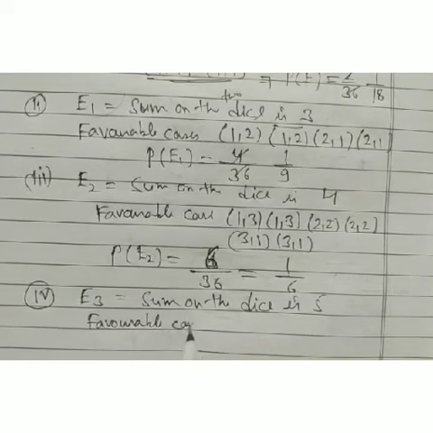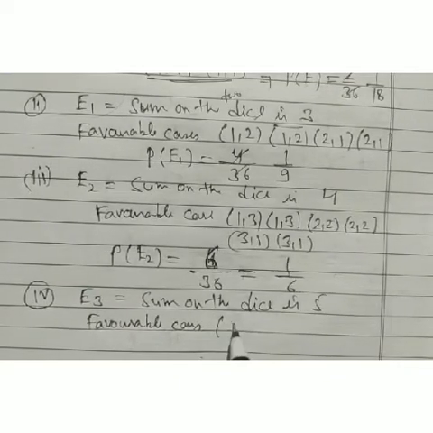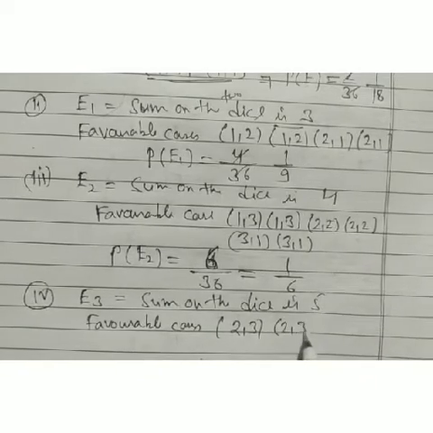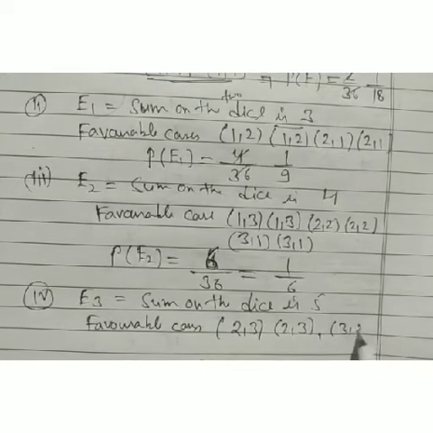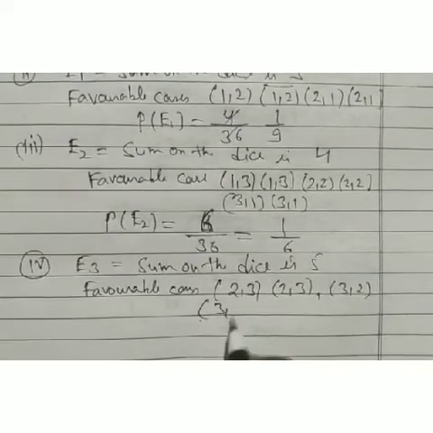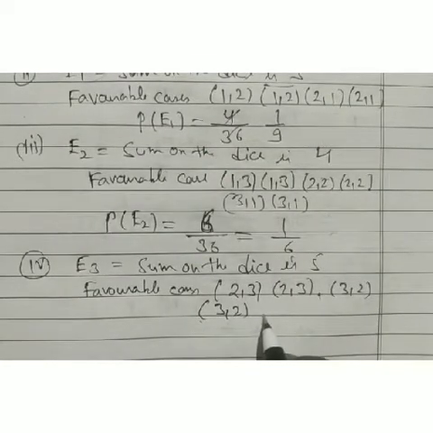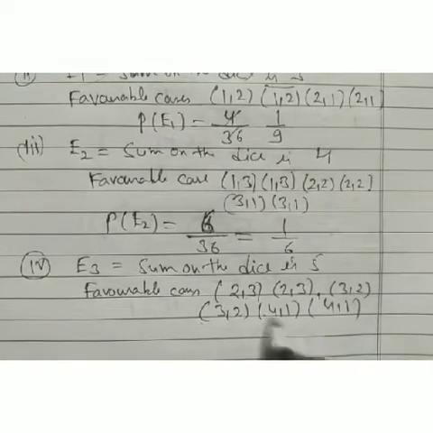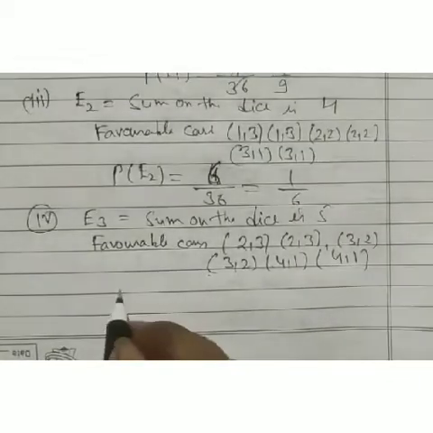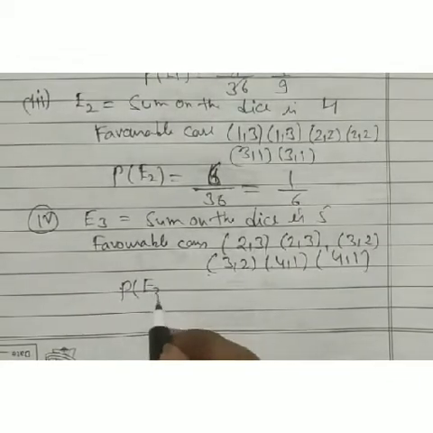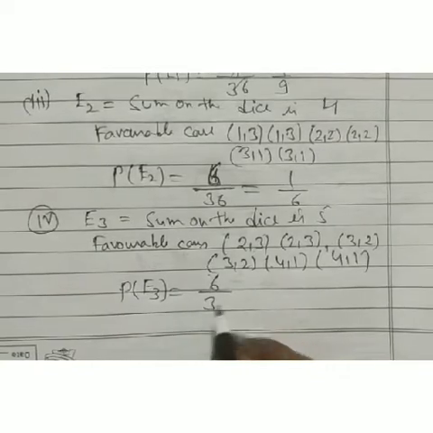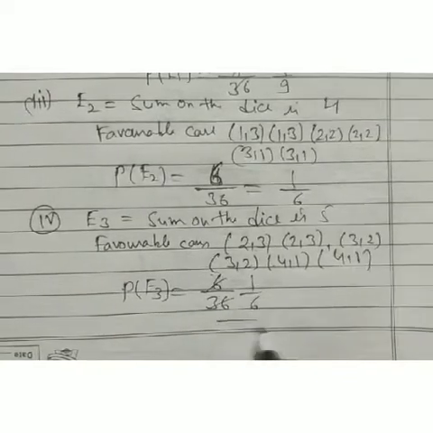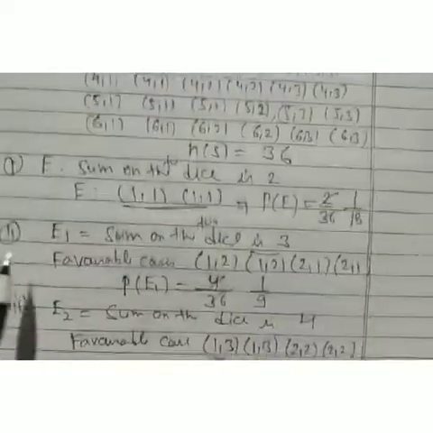Our favorable cases are given by (2,3), (3,2), (1,4), (4,1). The probability of getting a sum of 5 on the dice is what? It's 4 by 36.